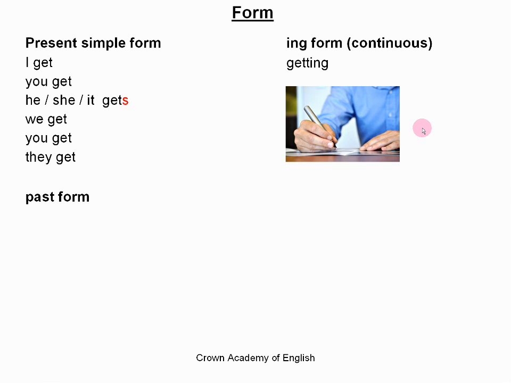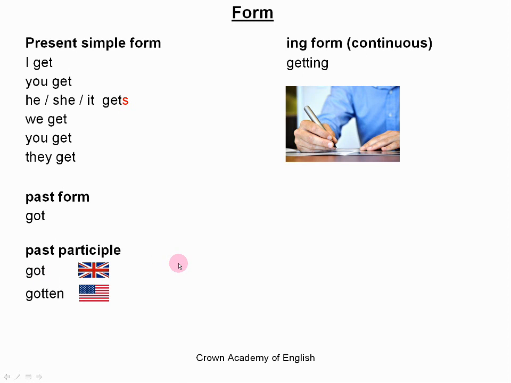The past form is irregular. It is got. So for example, yesterday, I got a car. The past participle, well, in British English, it is also got. For example, I have got.